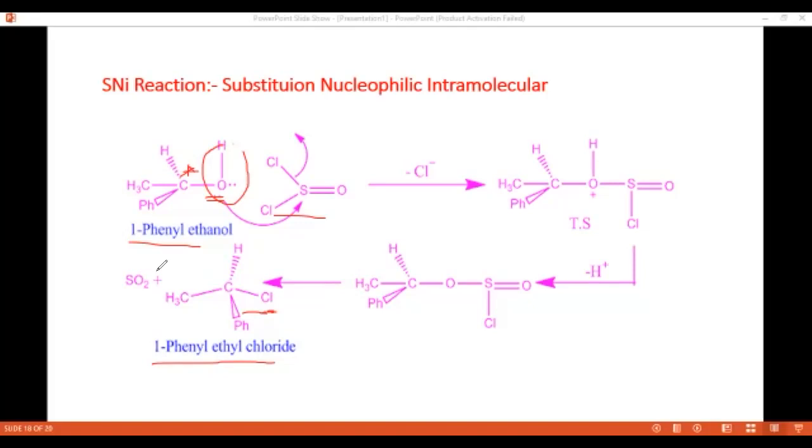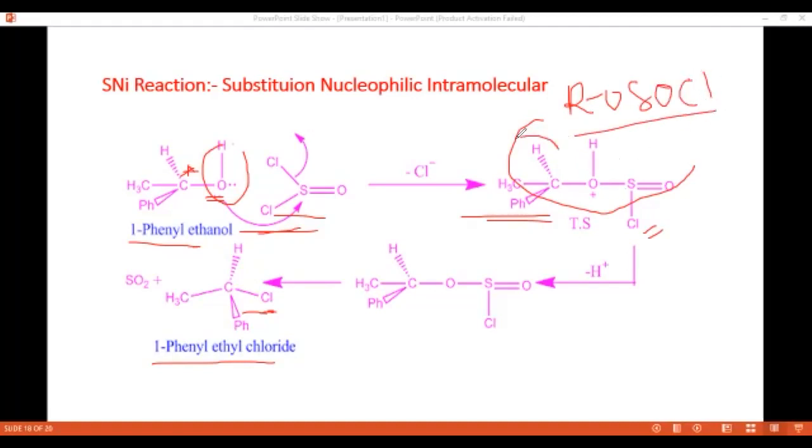The alcohol first reacts with thionyl chloride, SOCl2, forming the intermediate alkyl chlorosulfide, ROSOCl, where R is the whole alkyl group.